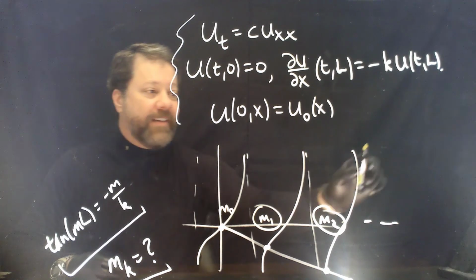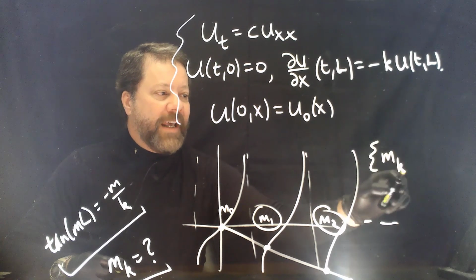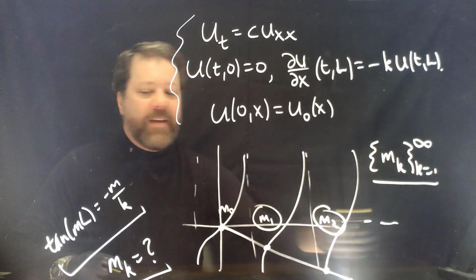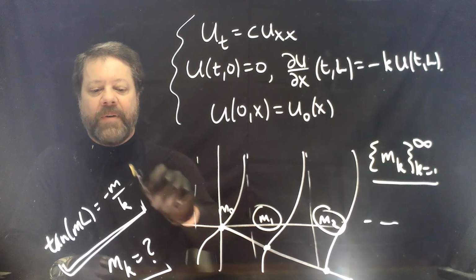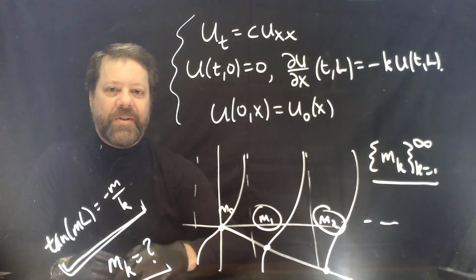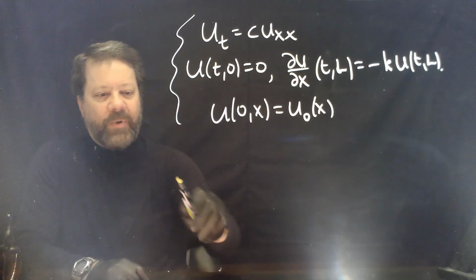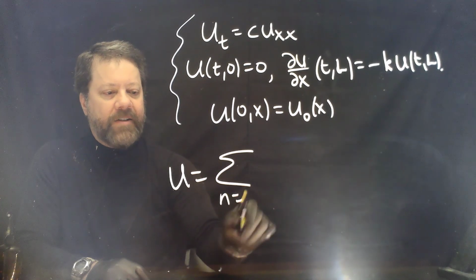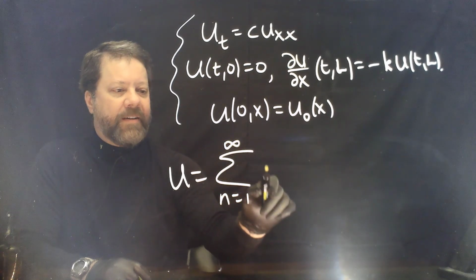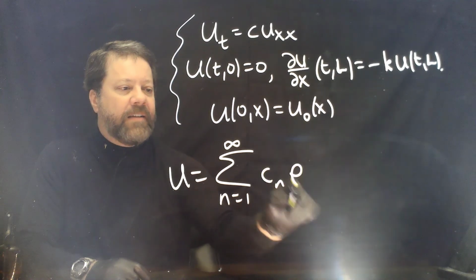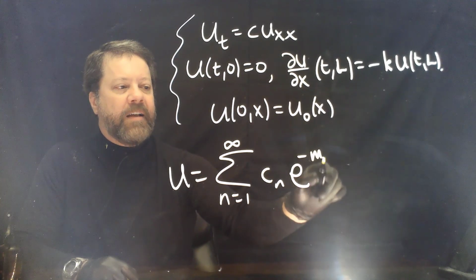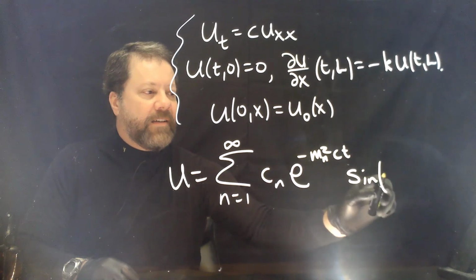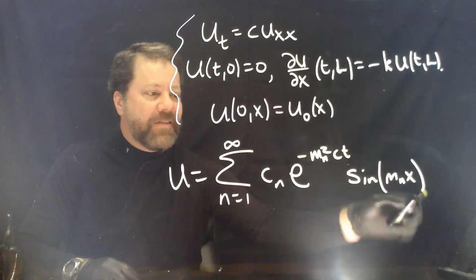We'll have then a selection of values, m sub n, as n goes from 1 to infinity, that solve this equation. We'll use these to construct our solution. We'll have then u is the sum, as n goes from 1 to infinity, of constants cn e to the minus mn squared ct times the sine of mnx.